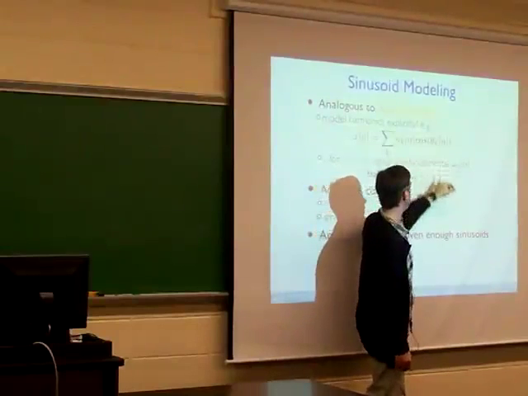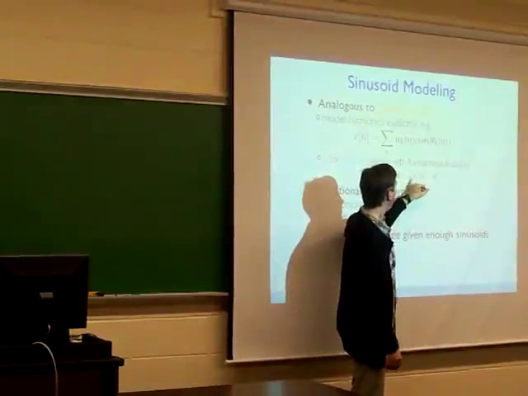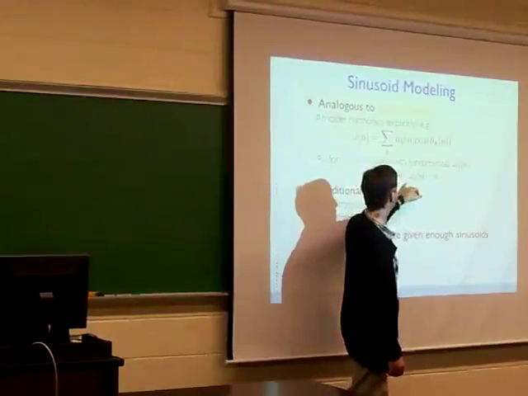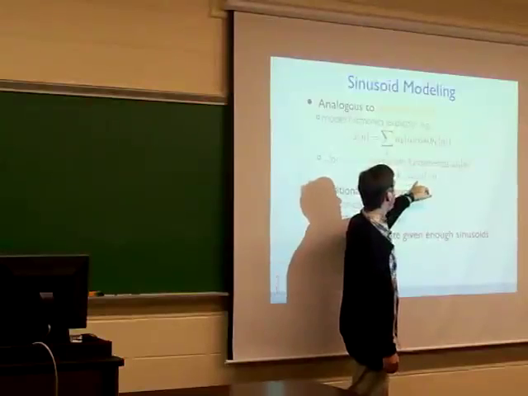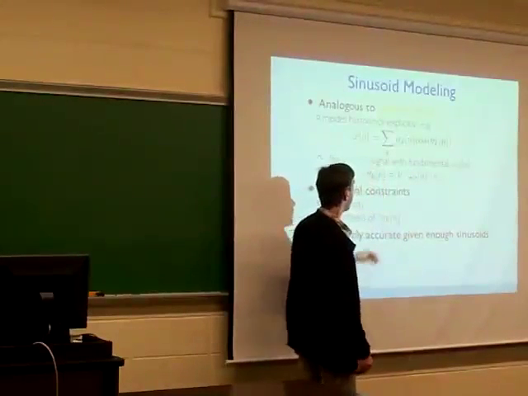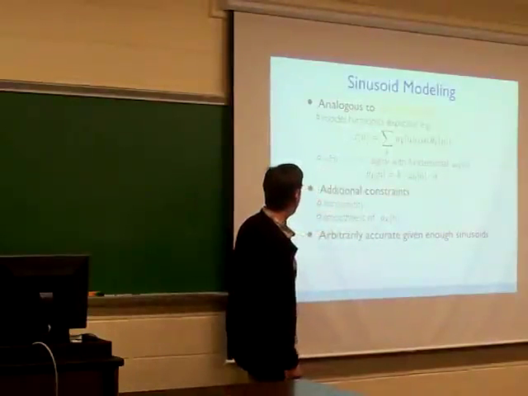And then to get a phase function, we have to multiply it by time, right? The frequency is the derivative of the phase. So for a time-varying omega 0, we want this to be the integral of omega 0 through time. But for a constant omega 0, we can just multiply by time.